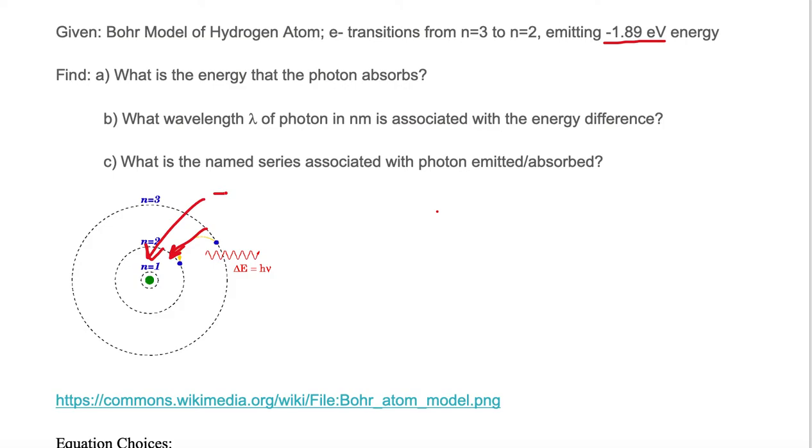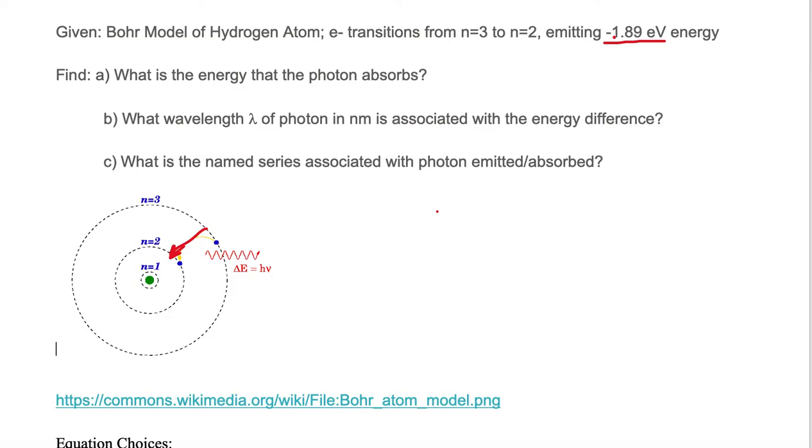So the electron is bound. It's in an orbit going around the nucleus, so that direction is negative. Anything that's going in the opposite direction is positive. So let's say an electron were to move outwards and become free, well then it would have positive energy. So just keep that in mind, the orientation of negative versus positive for this atom.